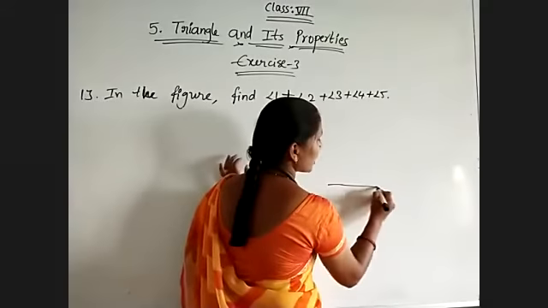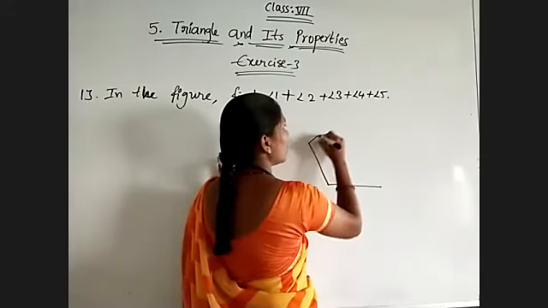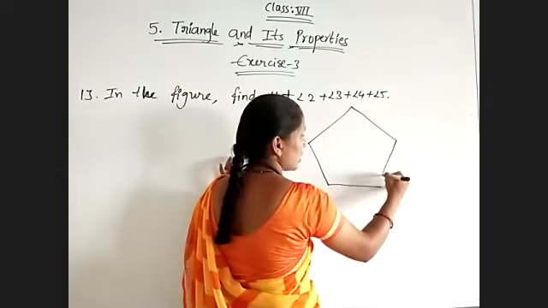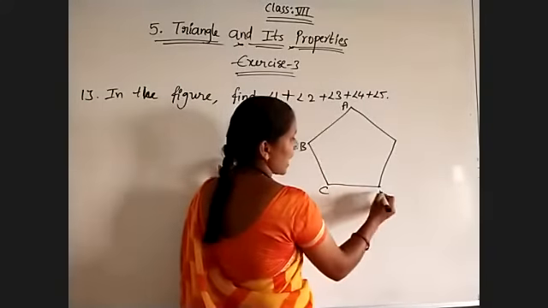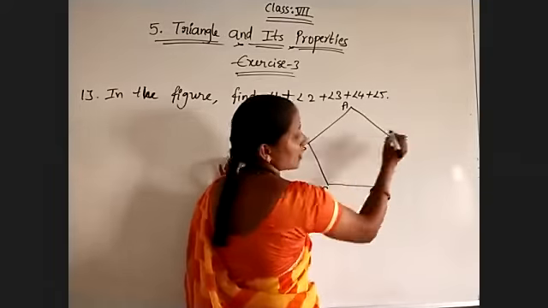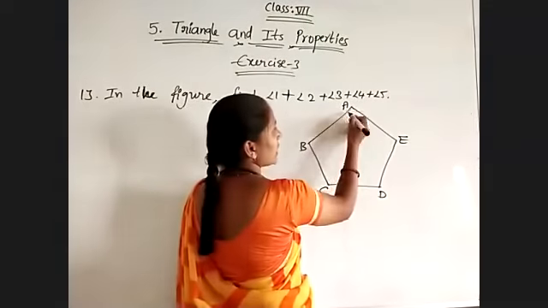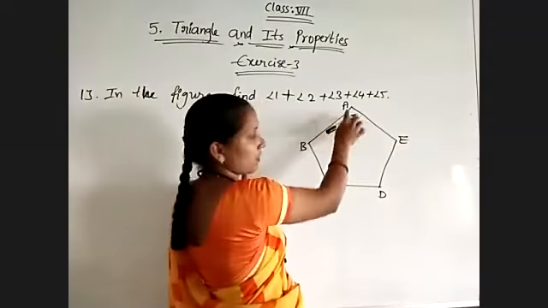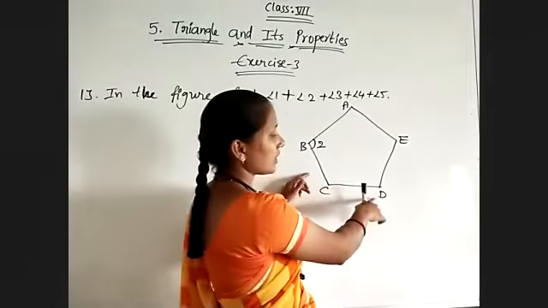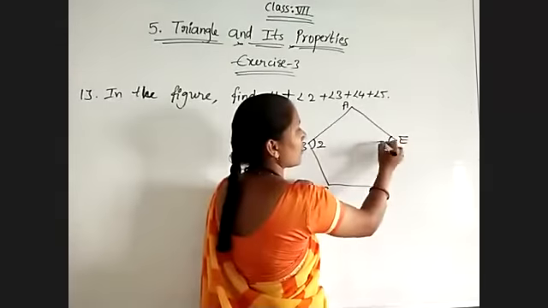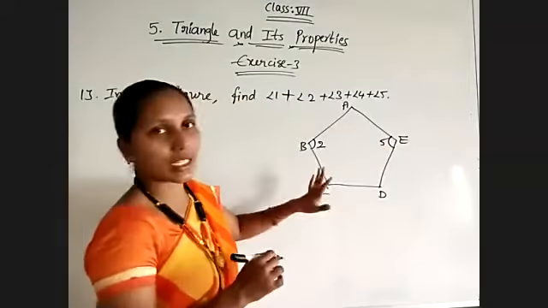Actually, they are given in the question only a pentagon, and they are asking to find the sum of angle A, angle B, angle C, angle D, angle E. And here they have mentioned angle A is angle 1, angle B is 2, angle C is angle 3, D is 4, and E is angle 5. Like this, they have mentioned in the figure.